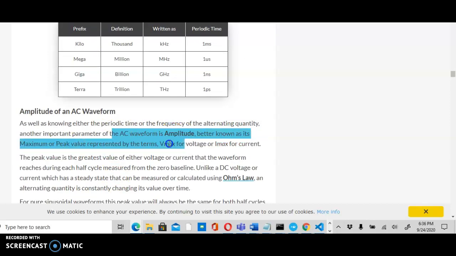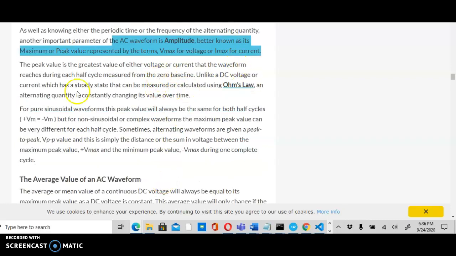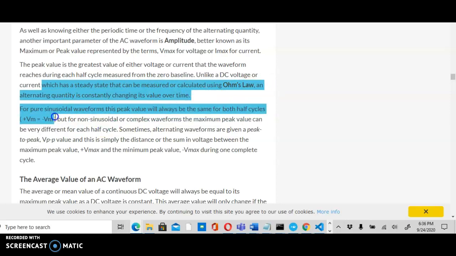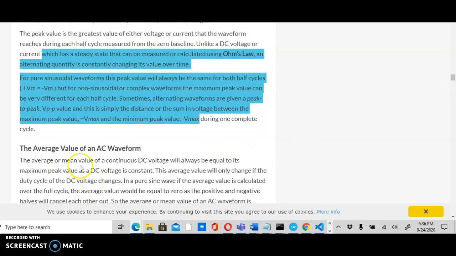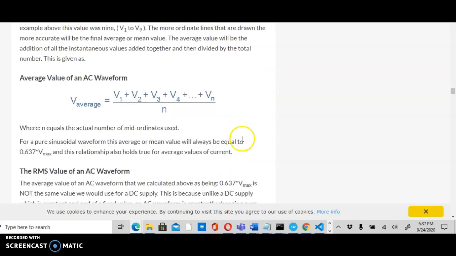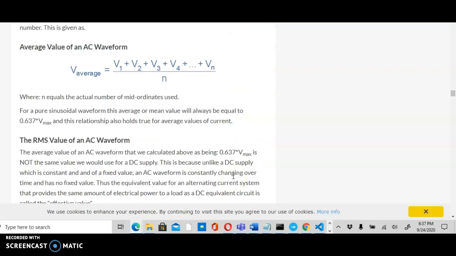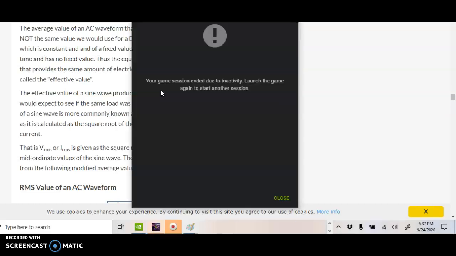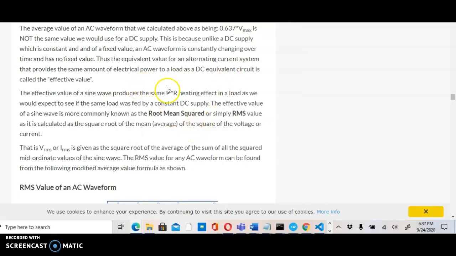Amplitude is the maximum peak, the Vmax and the Imax, which is the current, calculated by Ohm's law, and you have plus and minus voltage going on, and you have a sinusoidal positive peak, and all that's going on. Then you have the RMS value of the waveform, which is root mean squared, which is I squared R, where I is the current and R is the resistance.